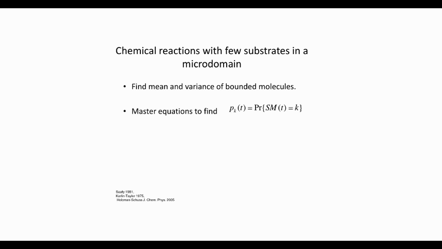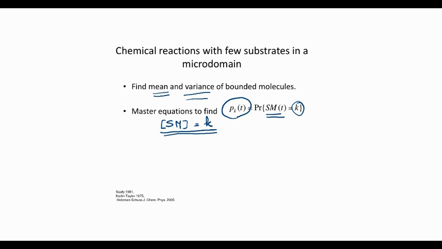And so this approach, as we're going to see, will allow us to derive the mean and the variance of bound molecules. So for this, suppose you write a Markov chain for the number of bound sites, that is the number of sites that contain the M molecules, and we want to look at what happens between time t and t plus delta t when you start with already k bounds, and we would like to find an equation for this probability that the number of bound molecules at time t equals k.